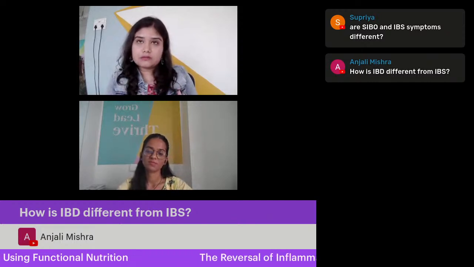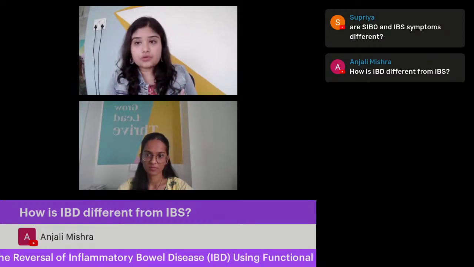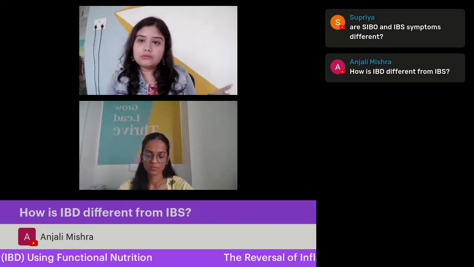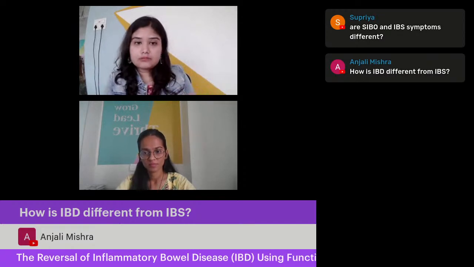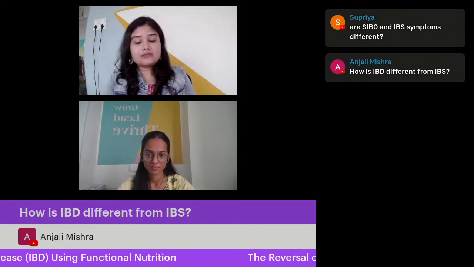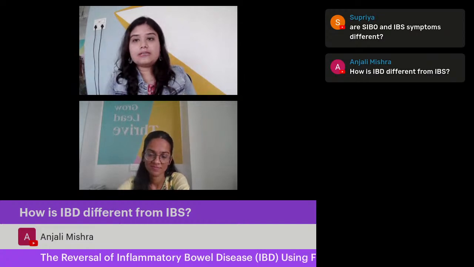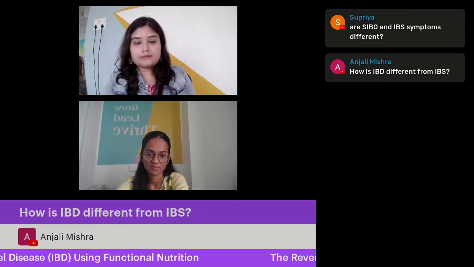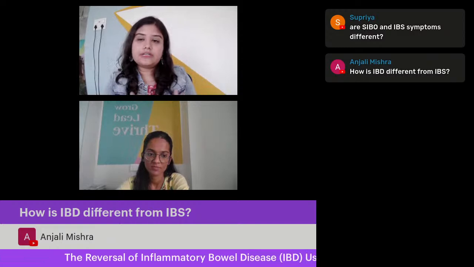When there is an overgrowth of bad bacteria inside our intestine, that leads to intolerance and hinders our body's absorption. That is basically SIBO. And IBS, as we mentioned earlier, is more of a symptomatic thing. Our intolerance to certain kinds of food is related to IBS.